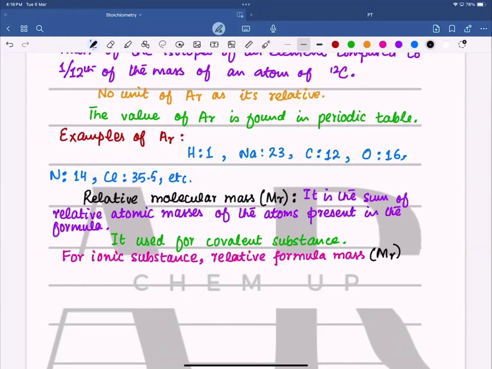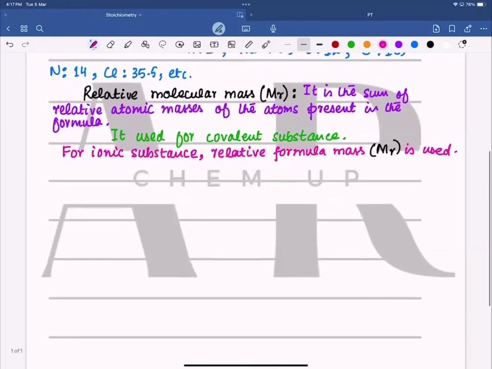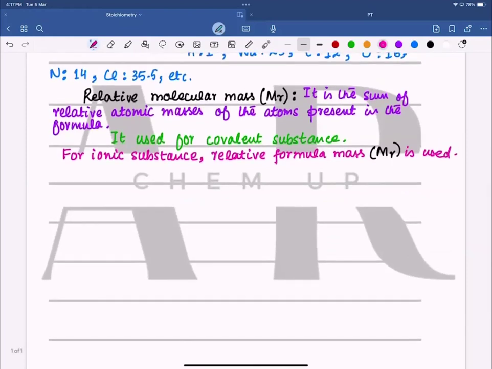And when we use the term molecular mass, it means we are talking about the covalent substance. Both have the same symbol, which is MR. Okay. So for ionic substance, relative formula mass is used. Now, how will we calculate the MR?